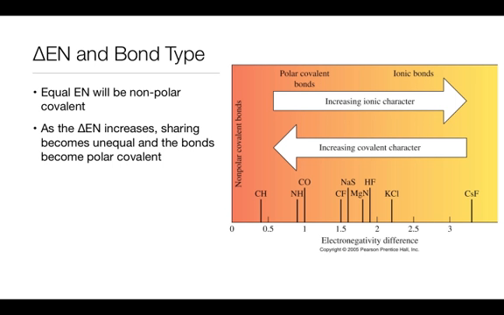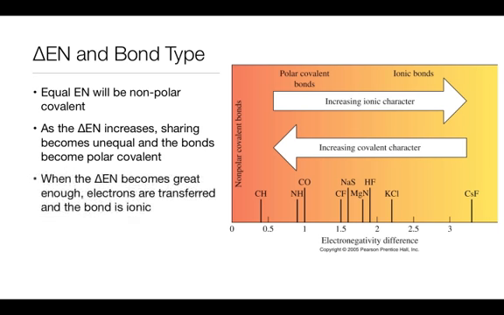That means that if there is sharing occurring, the atom that has the higher electronegativity is going to attract the electrons more strongly, and they will spend more time around that atom. If the electronegativity difference gets great enough, sharing becomes so unequal that we essentially have a transfer of electrons from one atom to another, and this is what we would call an ionic bond.